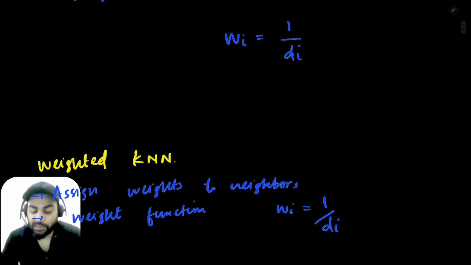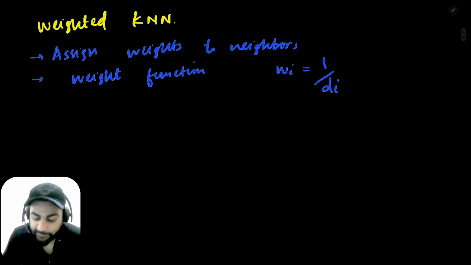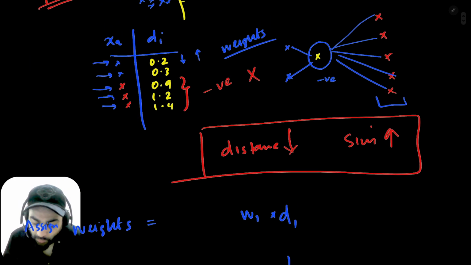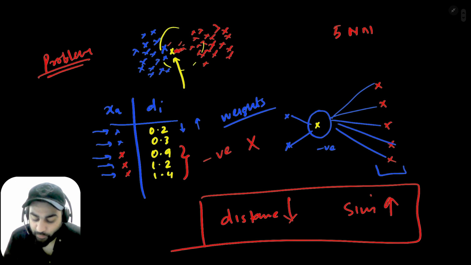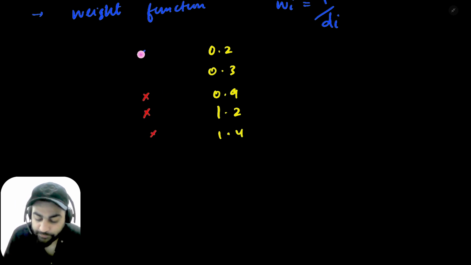Now what we'll do is multiply these numbers. We have these numbers as 0.2 and 0.3, then 0.9, 1.2, 1.4 for the other points, and these are our red points and these are our blue points.